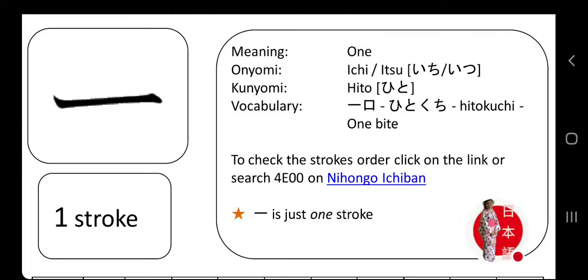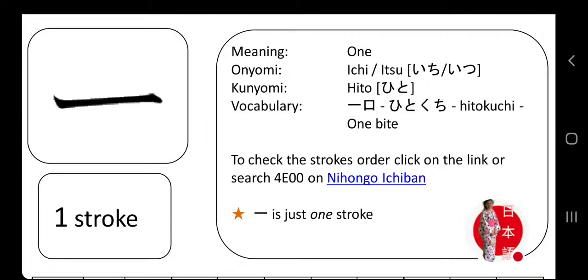So this is the first character that we have. This is what we call ichi. In English, the meaning is one. Ichi, one. So you just need to write it once as well. So why do we have the onyomi and kunyomi readings?